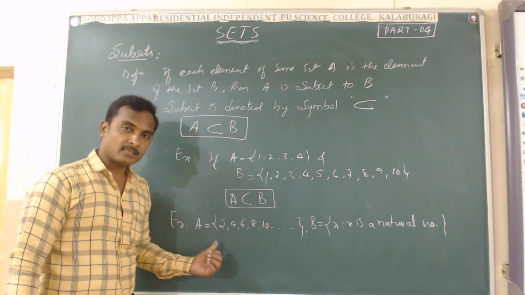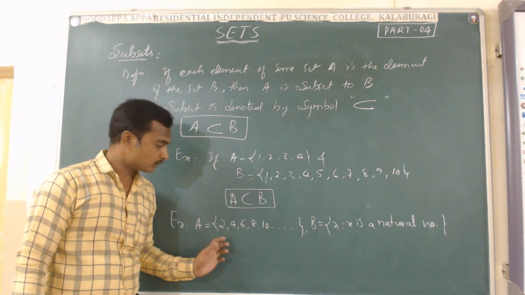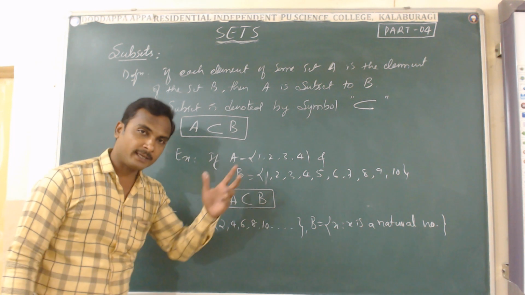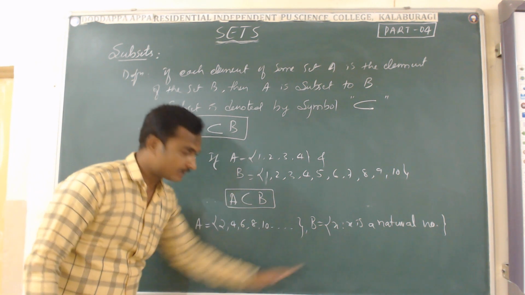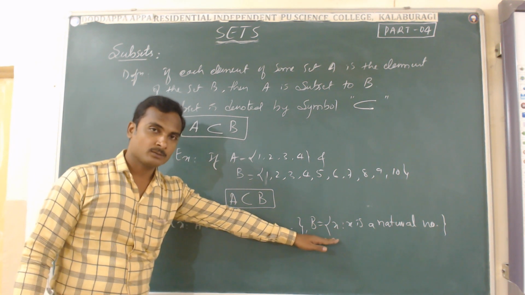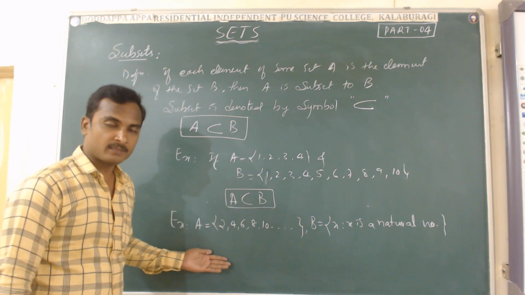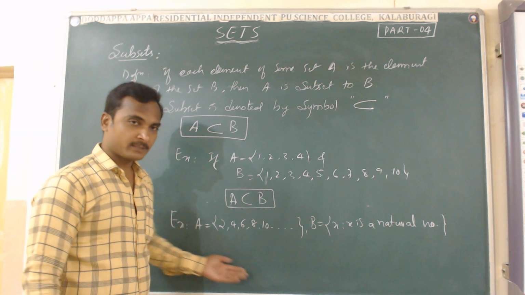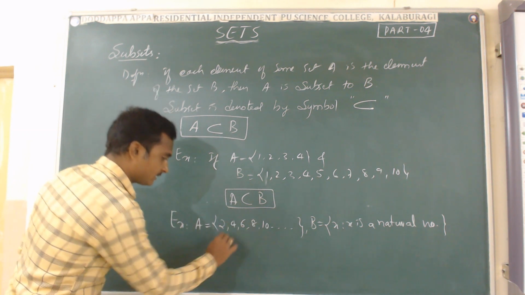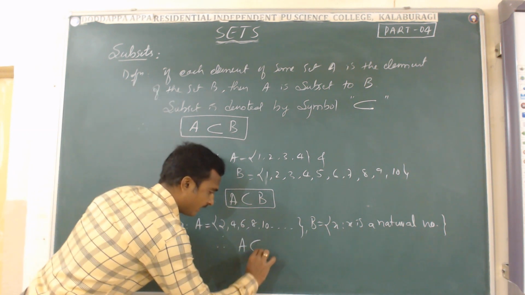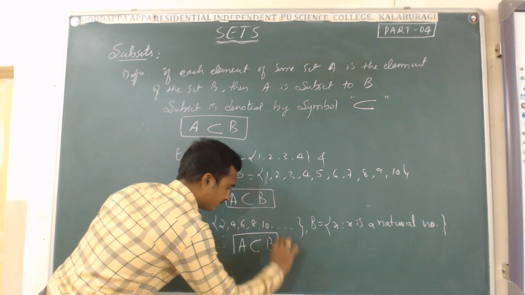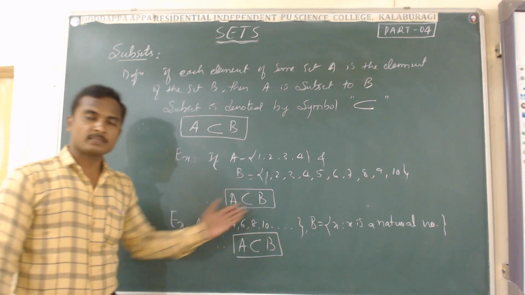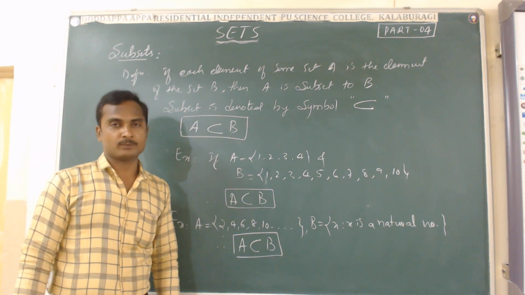The elements of the set A are 2, 4, 6, 8, 10. Think whether these elements are present in this set B or not. Definitely the elements of A are present in the set B. All elements of A are present in B. In this case, therefore, the set A is a subset of the set B, right?